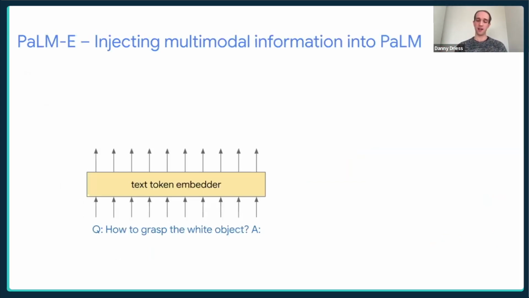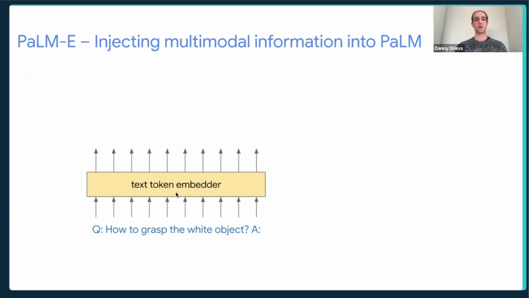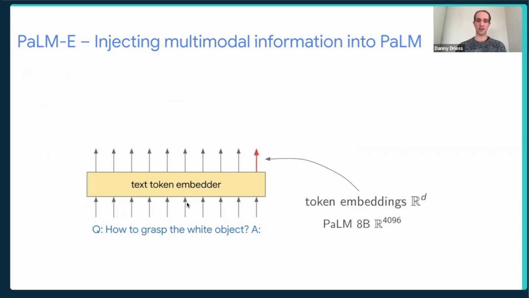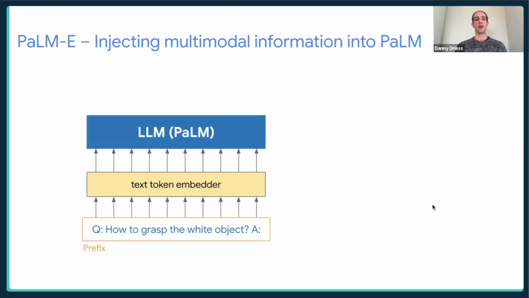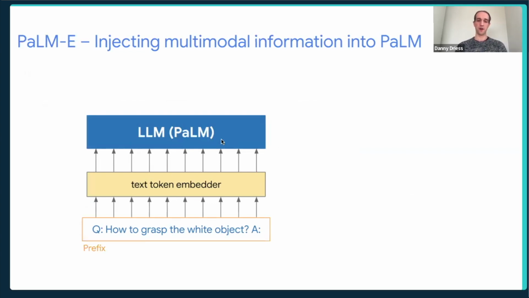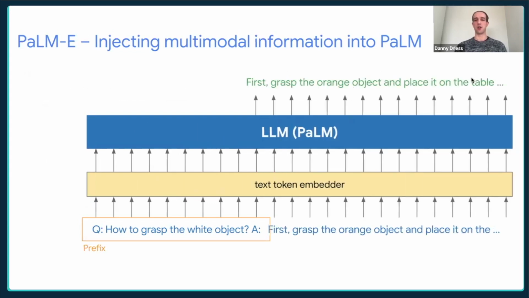How does PaLM-E architecturally work? It's very simple. We start with text, put it through a text tokenizer, which then embeds it into a high-dimensional embedding vector, which is then fed into the self-attention layers of a large transformer. And then this model will auto-regressively decode text.